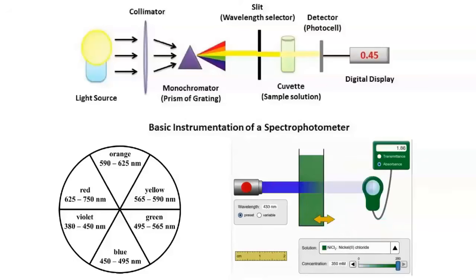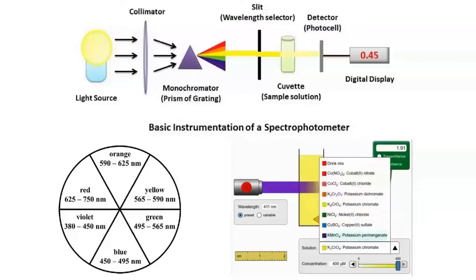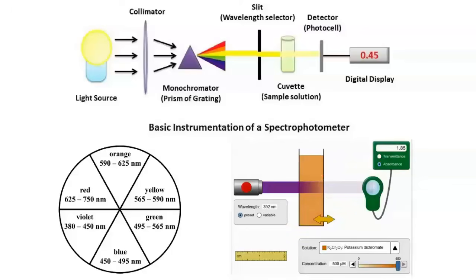So hopefully you can see from this video, which is from the PhET simulation on Beer's law, that when we change the color of the solution that is being analyzed in the spectrophotometer, we actually have a different wavelength setting on the spectrophotometer. So the correct answer to part C is based on that information.